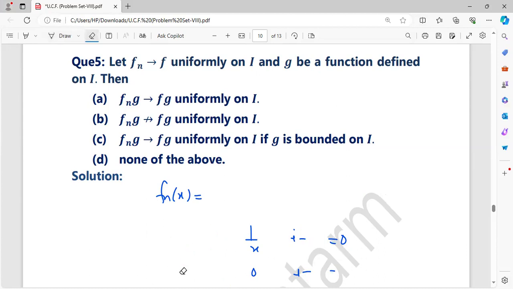I am going to make something here. I am defining a function f_n. So f_n(x), I am taking this function.